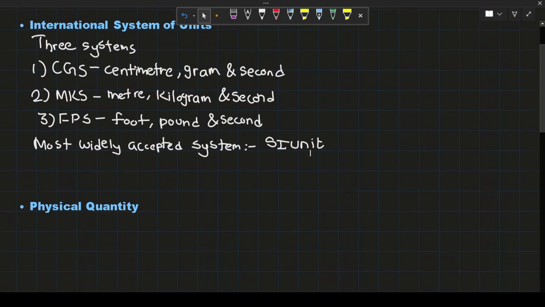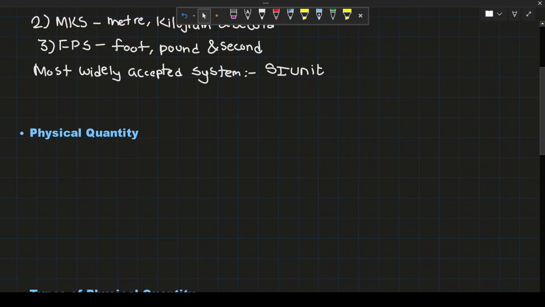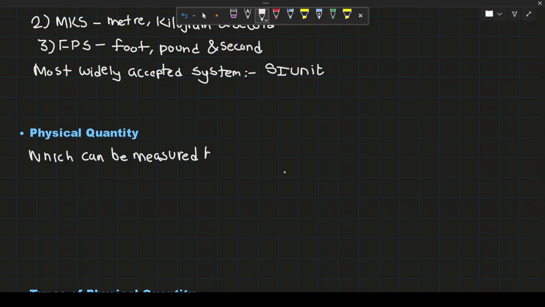Moving further, we have physical quantity. Physical quantity is basically the quantities which can be measured by an instrument. A physical quantity has two parts. One being its numerical value, which is represented by n, and the second being its unit.